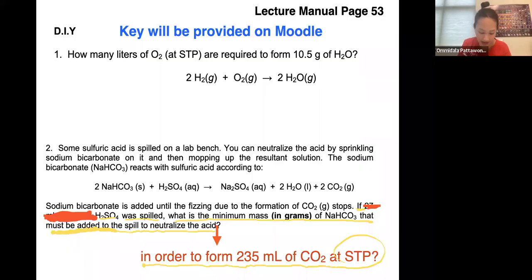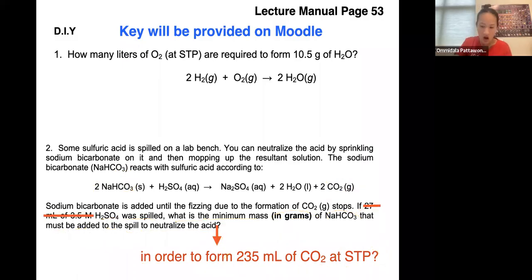I would like you to add this instead at the end. So in order to generate this carbon dioxide, how many grams of sodium bicarb do you need to add? That's what it's asking you.